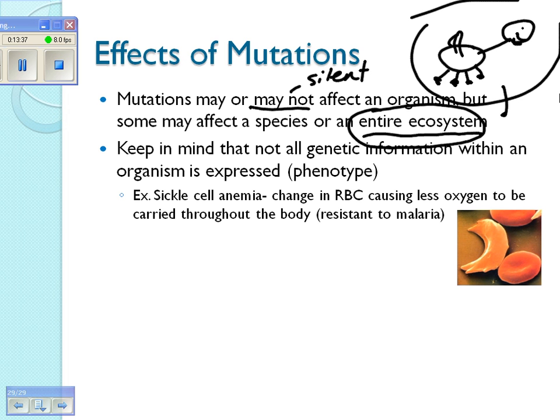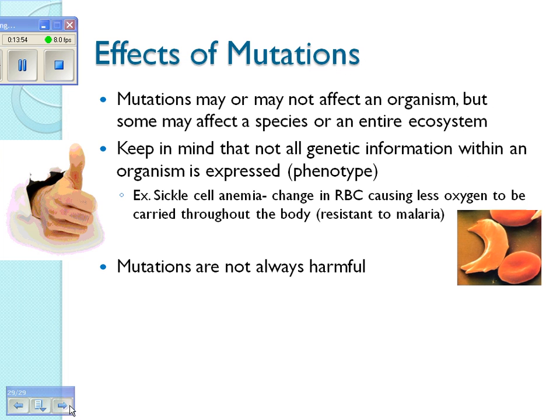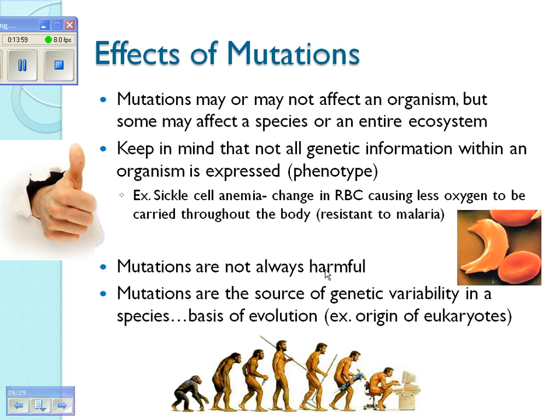And then just remember, not all the genetic information is expressed. We're talking about introns. Not all the DNA does jack diddly. So that's important to keep in mind. And again, mutations are not always bad.